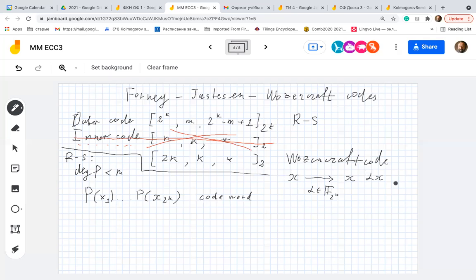According to the encoding of the Wozencraft code, we map p of x1 to p of x1, comma, p of x1 times x1, and so on. Instead of this code word, we obtain that code word.